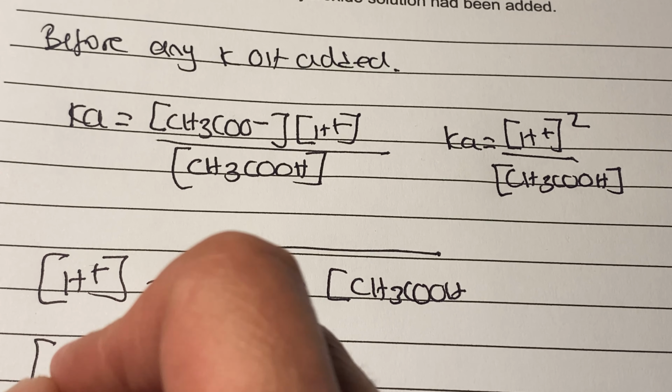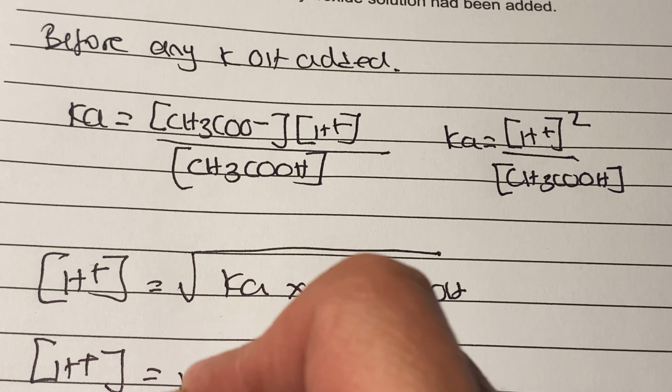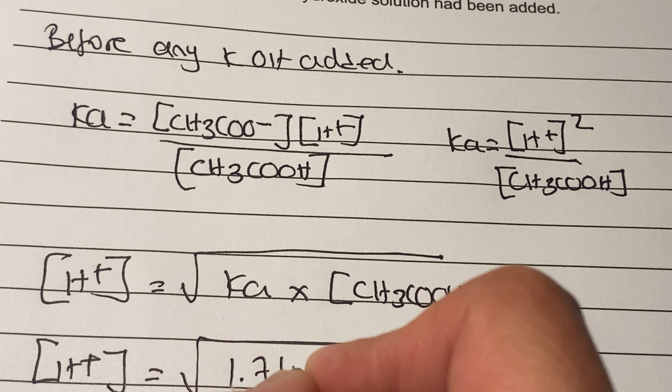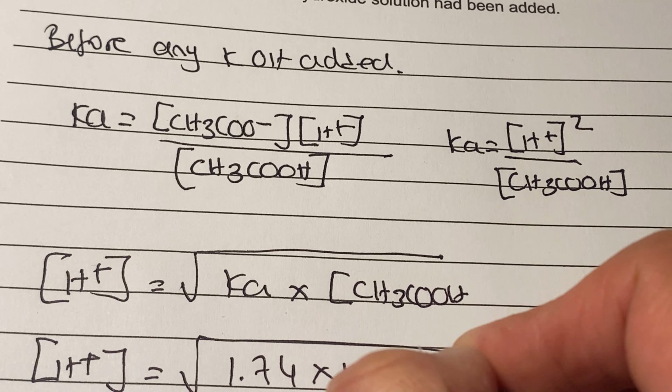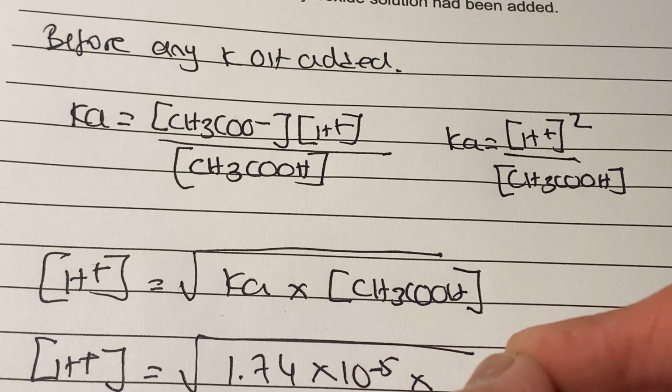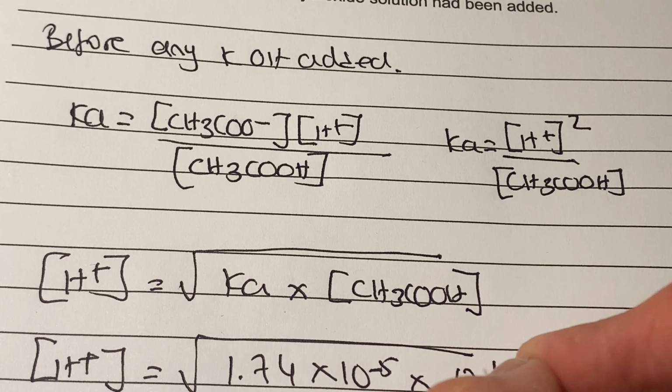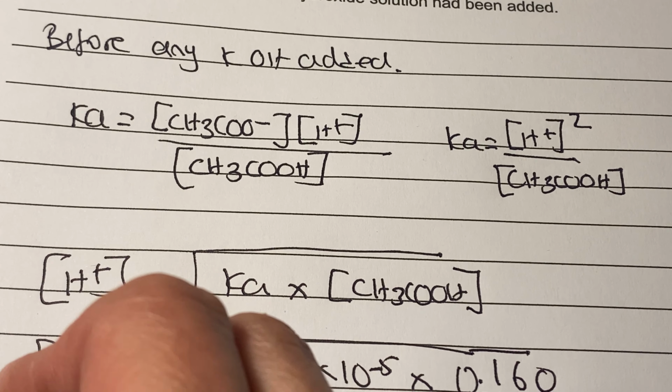Now, H+ ion concentration equals Ka, which is 1.74 × 10^-5, times the concentration of your weak acid, which is 0.160.